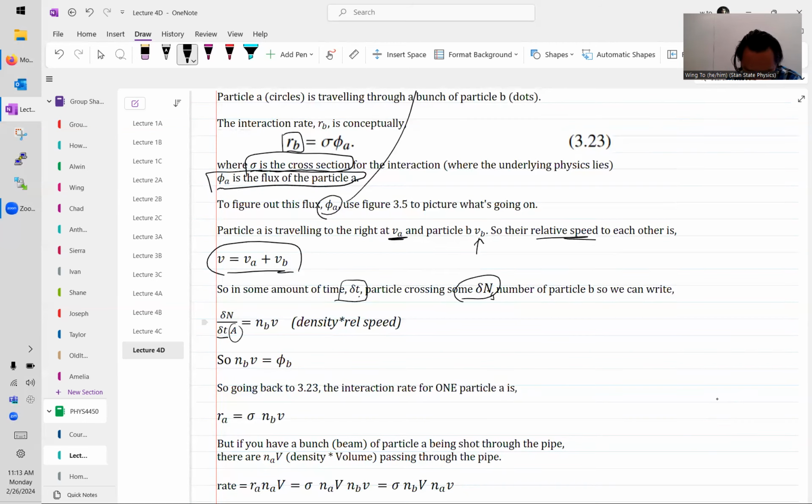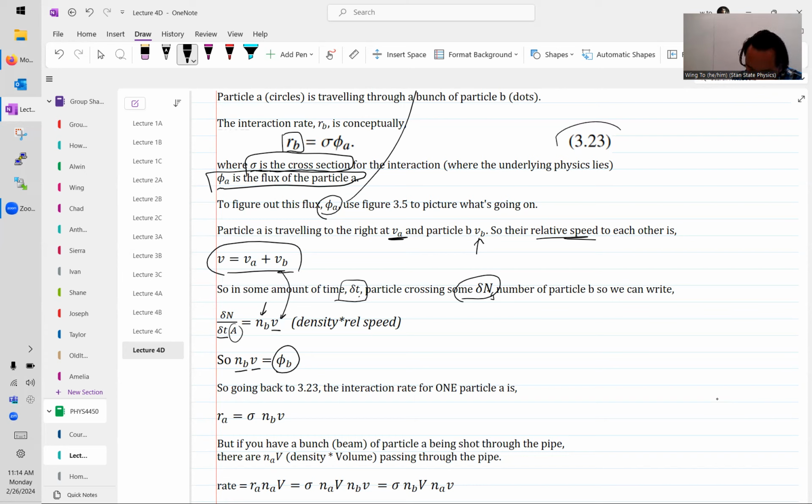I know the book didn't. It's basically the particle density of B, how many B particles there are per volume, times the speed V that we just derived, which is the sum of the two particles' speeds going opposite each other. So the flux of B is going to be whatever n_B times V is.